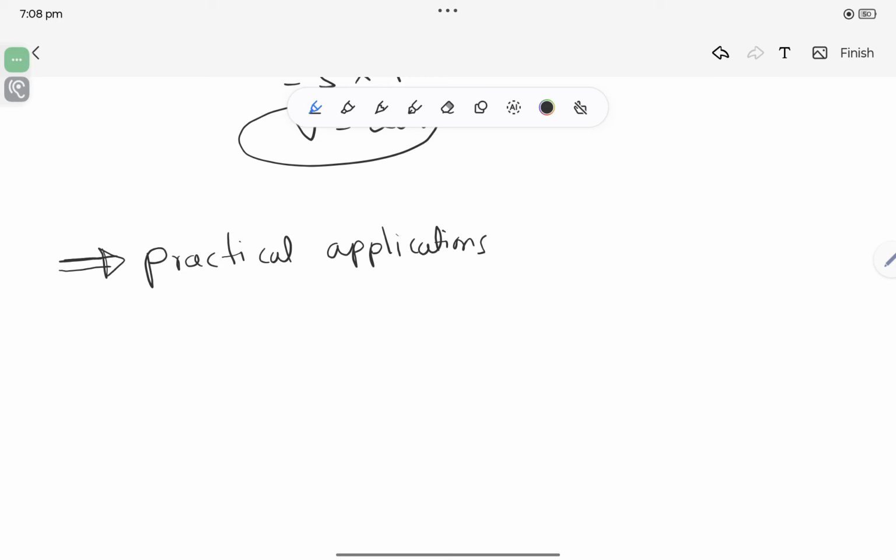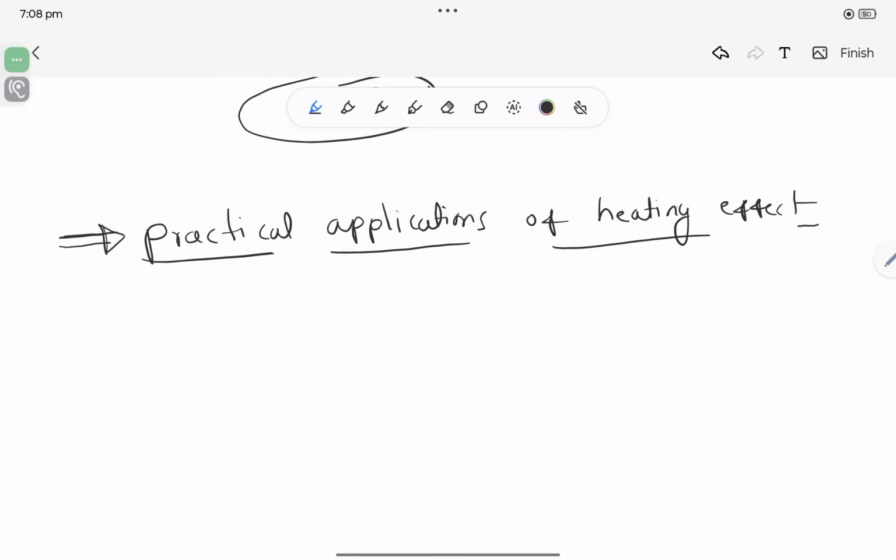Due to this concept of heat generation, for some devices we convert it so that the main purpose is only generating heat, like devices, for example a heater.